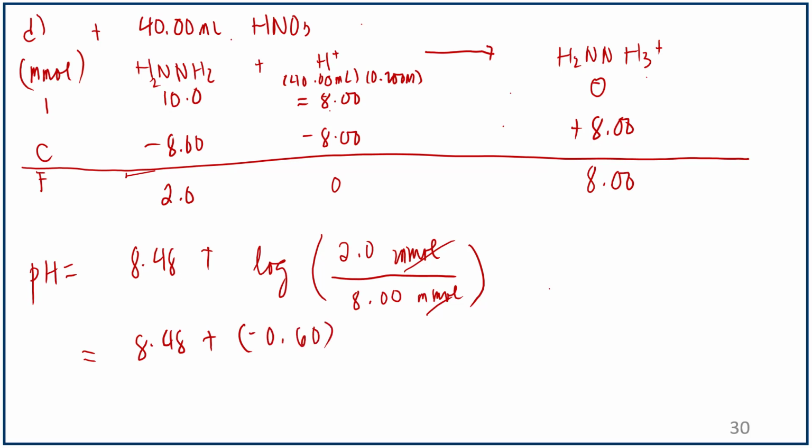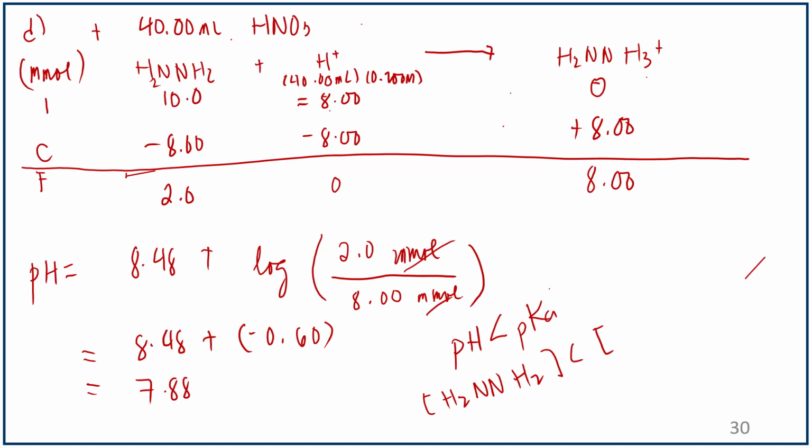So that's just equal to 7.88. Now at this point, pH is actually less than pKa, which means that this time the concentration of hydrazine is less than the concentration of hydrazonium. So we now have more hydrazonium than hydrazine.